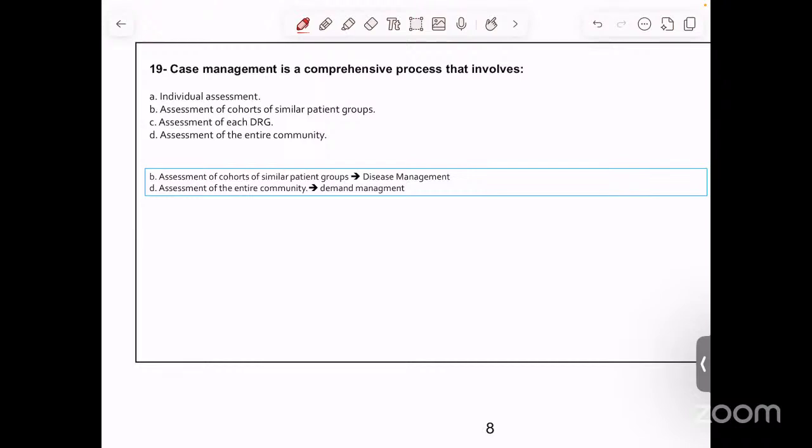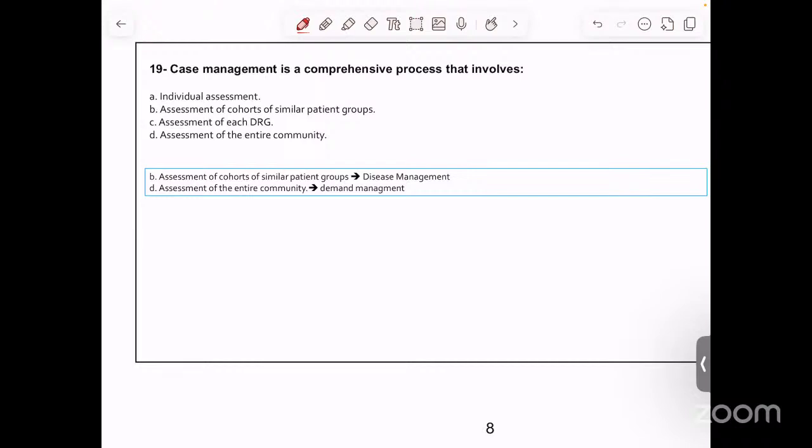When we say cohorts, it is a group of individuals who share common characteristics or experience within a defined time period. A cohort is also used to describe a group of people studied over time to analyze outcomes or behaviors related to specific factors. So this is not the answer. Again, the question is case management focuses on what?